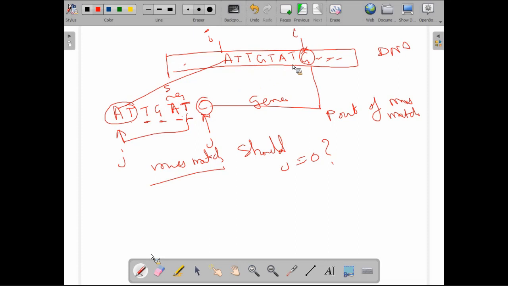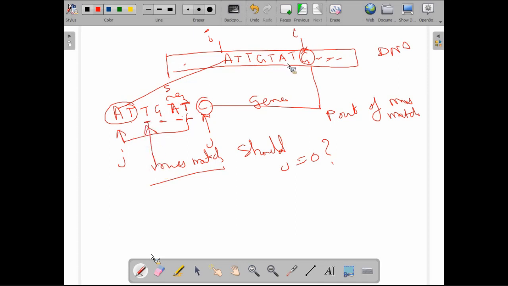So the fact is, if you look back, I don't have to start from the beginning, because this portion has matched, and in the matched portion the suffix is also the prefix. Because it exists that way, I can start the matching not from the beginning but from here.